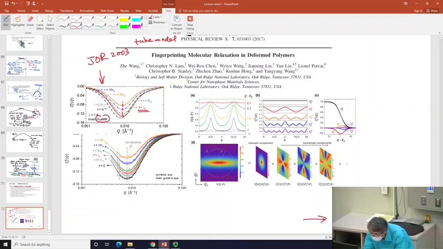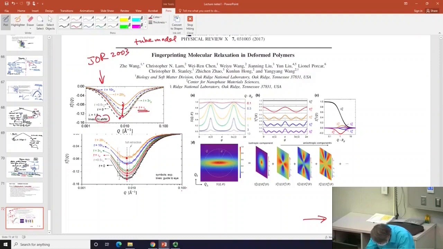Basically, the experimental data is such that this peak did not change. Okay, that's the experiment. And if Rouse chain retraction occurred, the peak would have changed. So this is the peak initially after step strain, and it moved to other values.